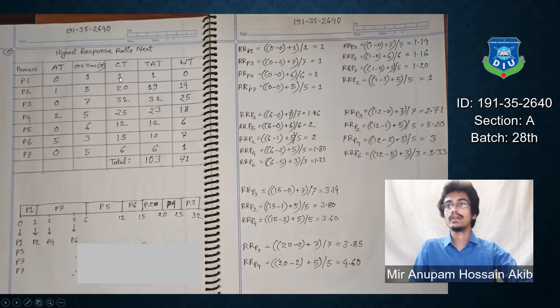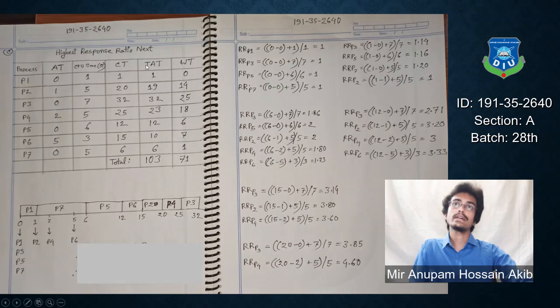Then the completion time of P2 is 20. In this way we can calculate the completion time of each process.